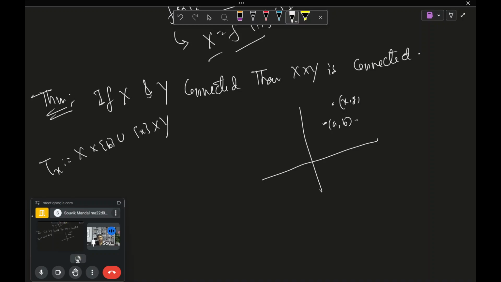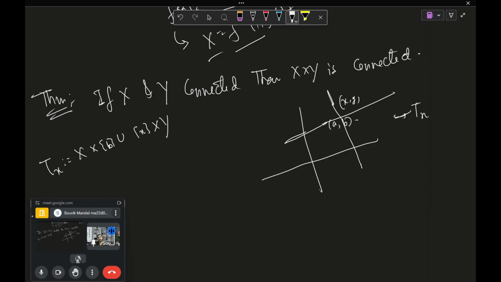X cross singleton b means this line, and singleton x cross Y means this line. The union of these two lines, we are calling it T_x.